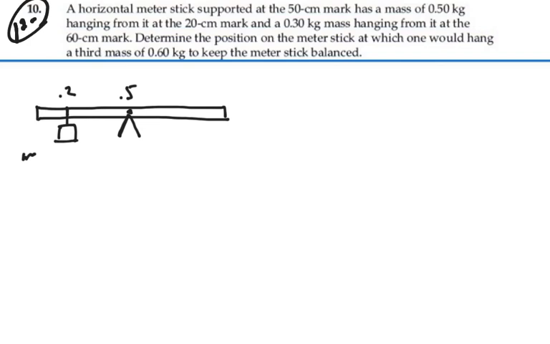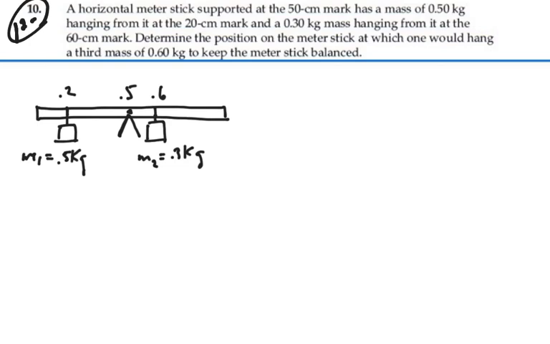So this is M1 of 0.5 kilograms. And then we have another mass of 0.3 kilograms located at 60 centimeters or 0.6 meters. So this is M2, 0.3 kilograms.